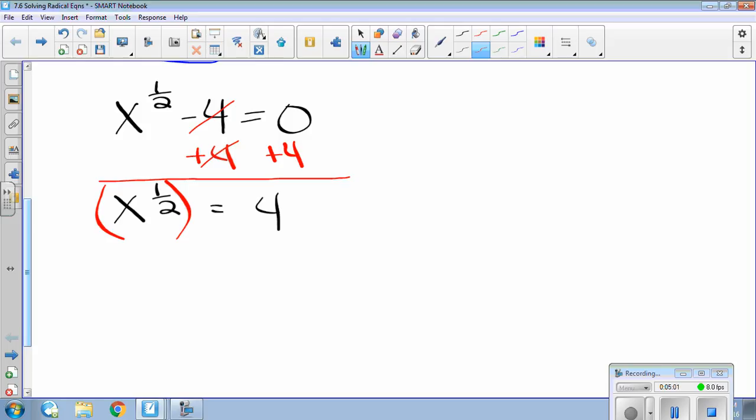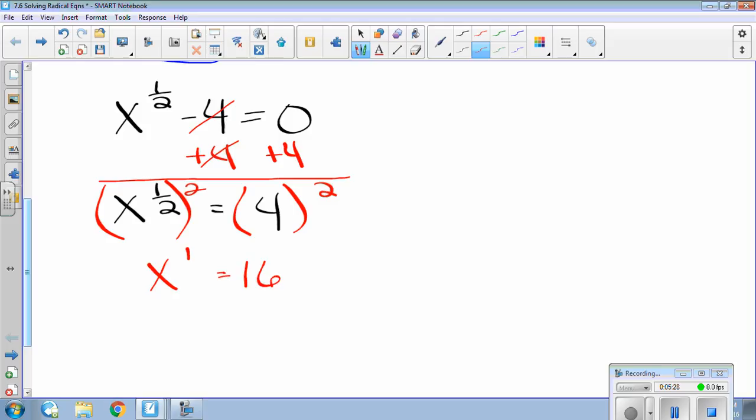A 2, because 1/2 times 2 equals just 1. So that's why it works when you square it. That's how come the square root of something squared equals itself. But if you do it to the left, you have to do it to the right, because 1/2 times 2 is just equal to x to the 1 power. That's the reason why you do that. And so x equals 16.